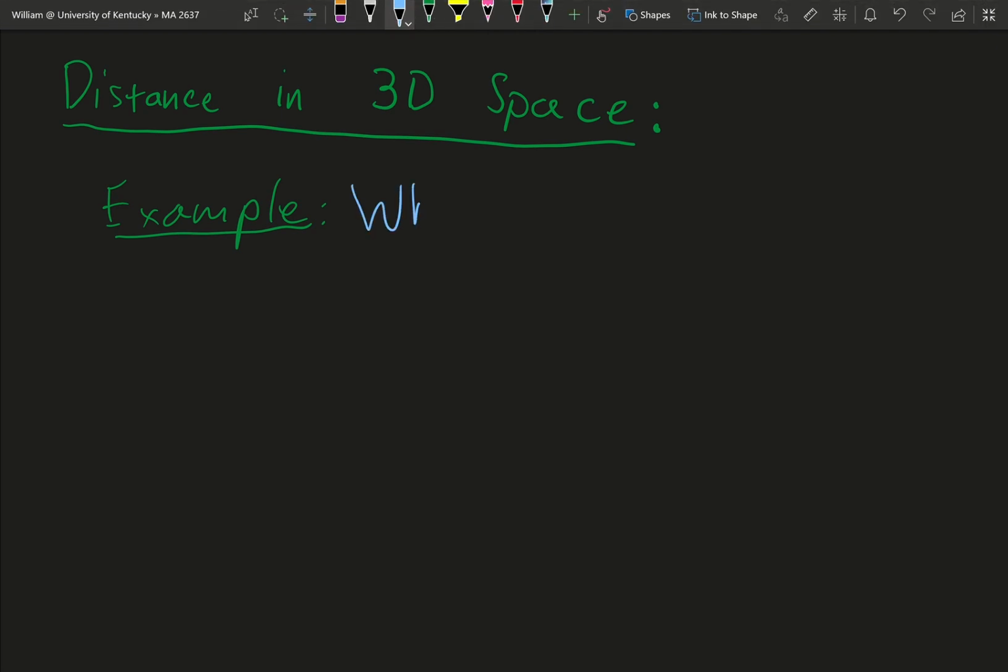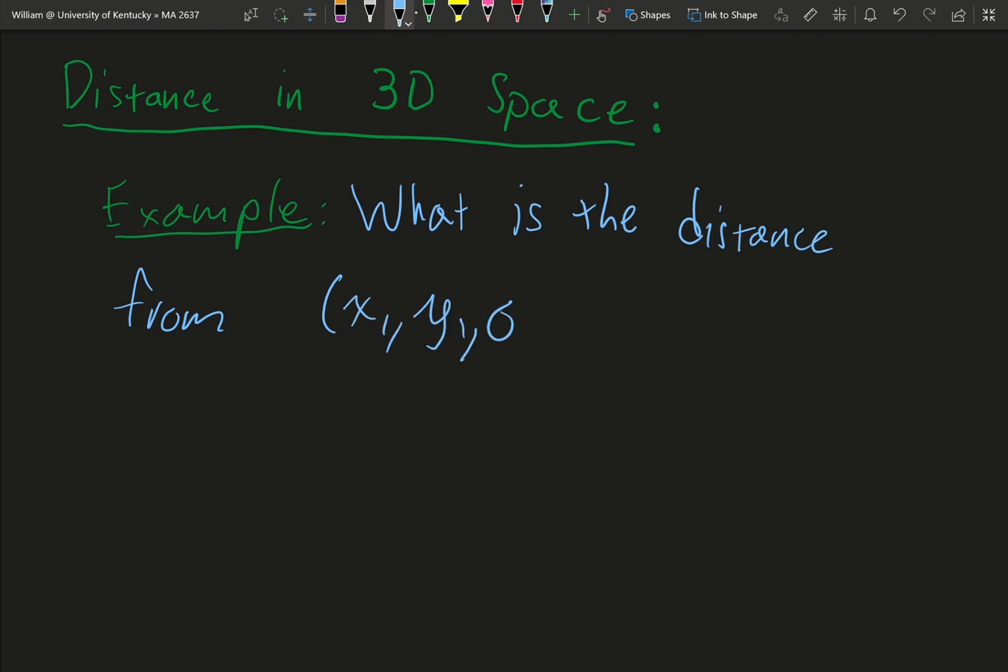What is the distance from (x1, y1, 0) to (x2, y2, 0)?